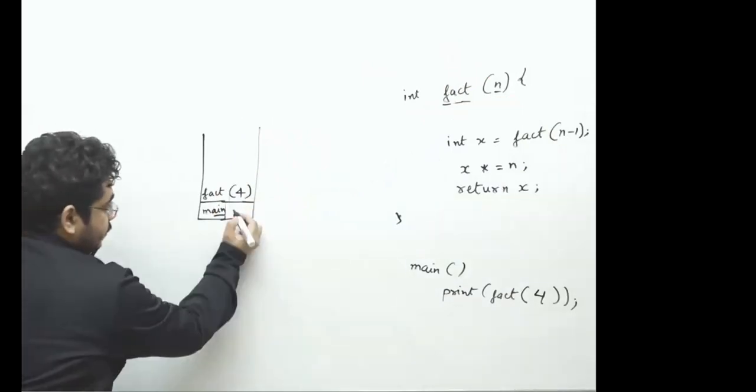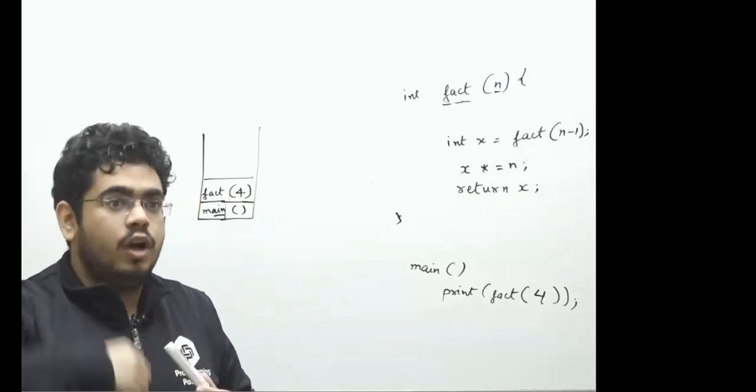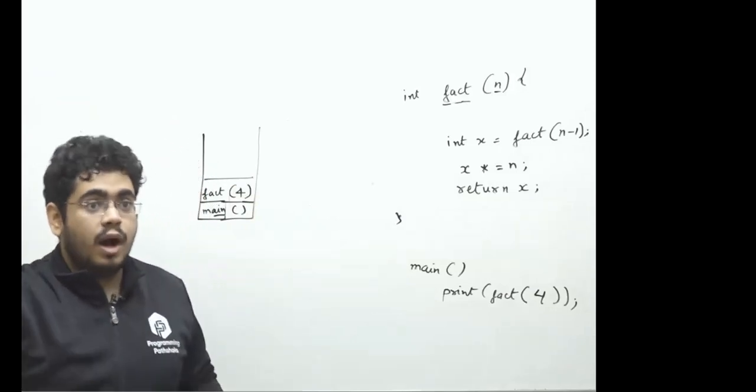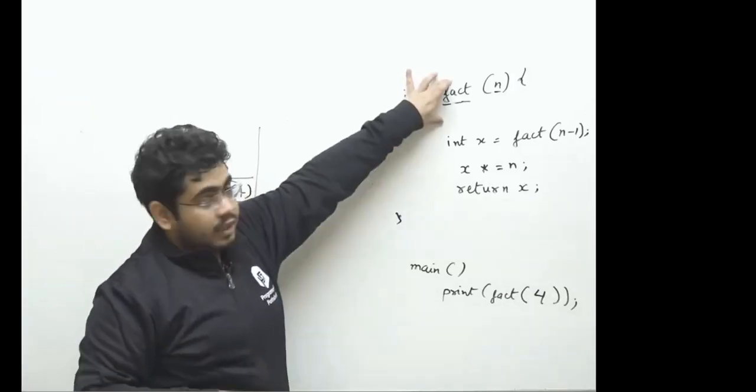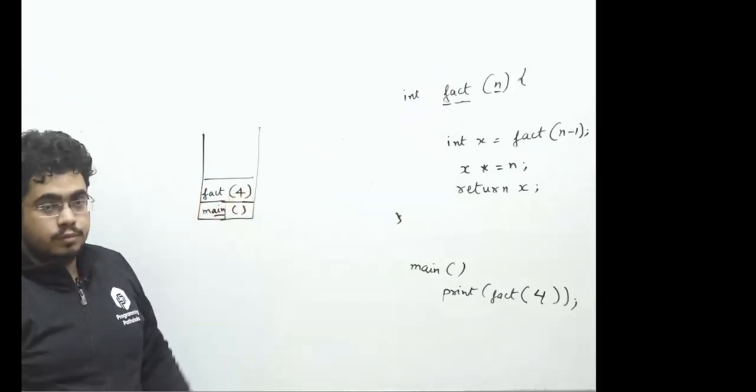Is this making sense? Why was factorial of 4 pushed here? Because factorial of 4 called factorial of 3. So we have moved on. We have passed the control to our clone. And this has been pushed here because that was called by factorial of 4.